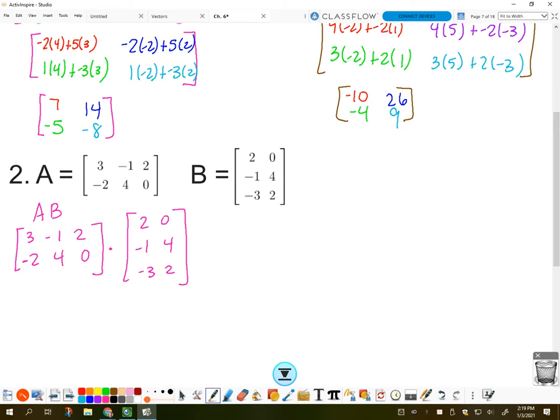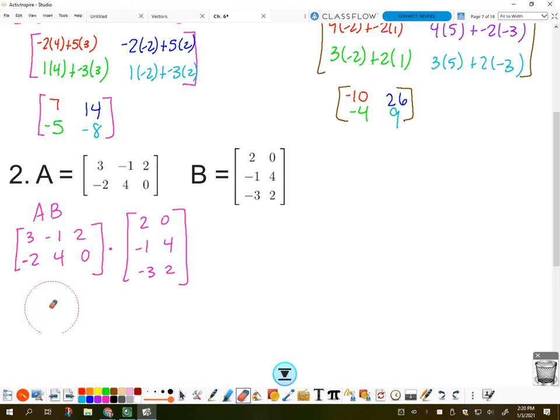Alright, so the first thing is, can we multiply these? Well, this is a 2 row by 3 column. This is a 3 row by 2 column. So yes, they match. And I'm going to end up with just a 2 by 2.